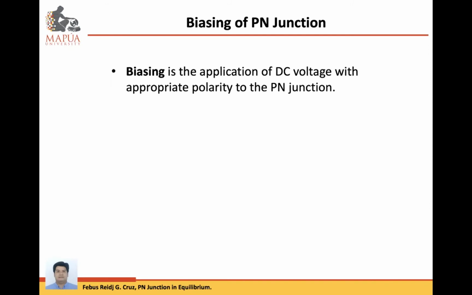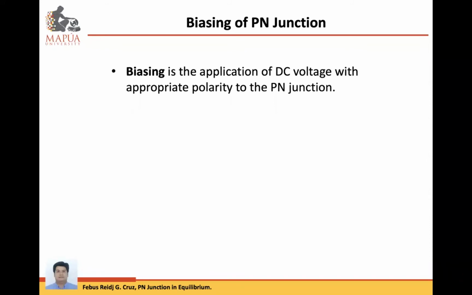So we do not just apply voltage, but you have to select where to connect the positive terminal, where to connect the negative voltage. For example, in our remote control in the television, when the battery becomes low, we change the battery and we do not just insert the battery, no?